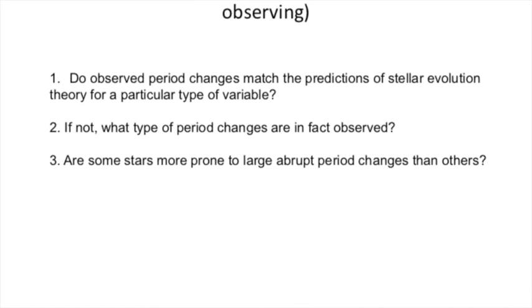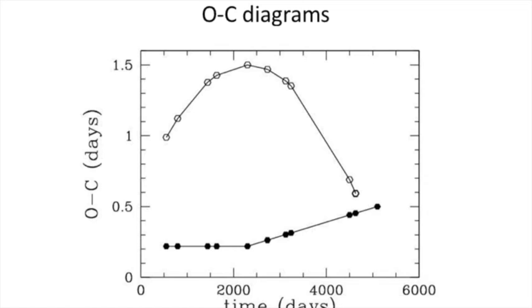And do the observed period changes match stellar evolution? If so, or if not, what kind of period changes are observed? And are there particular odd period changes associated with particular kinds of stars? Of course, the O minus C diagram is still a very important tool when looking at this, the observed minus calculated time of maximum light, usually.